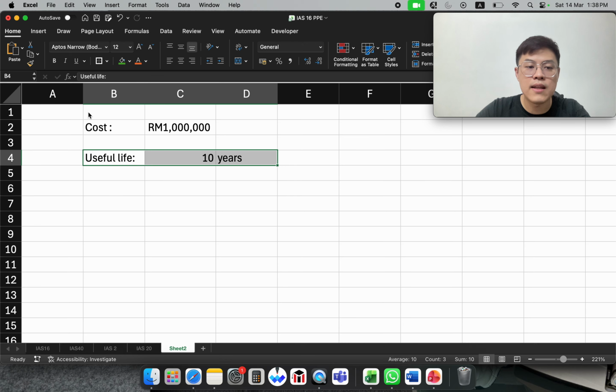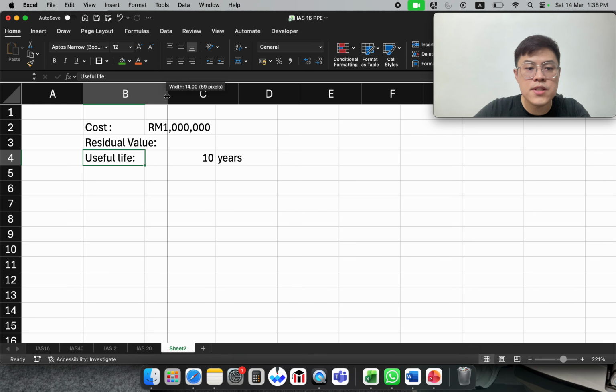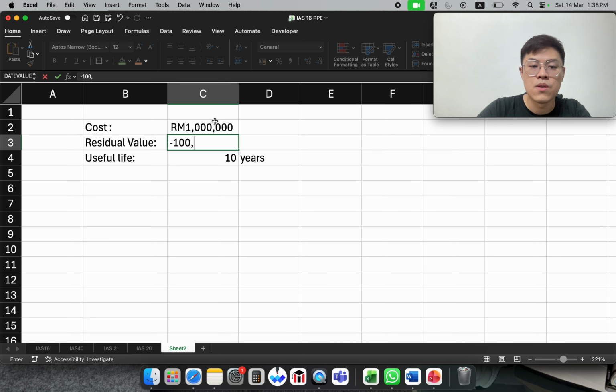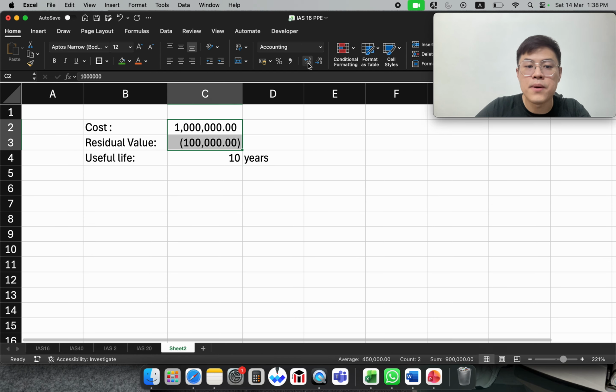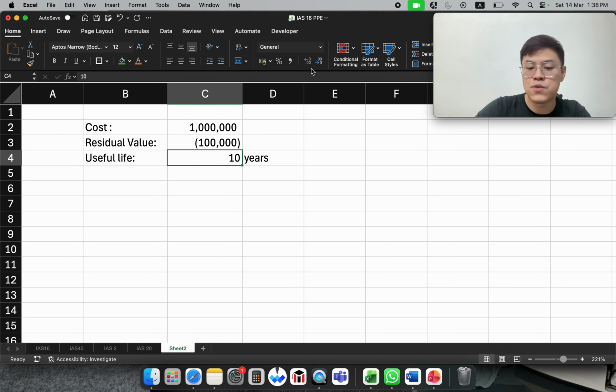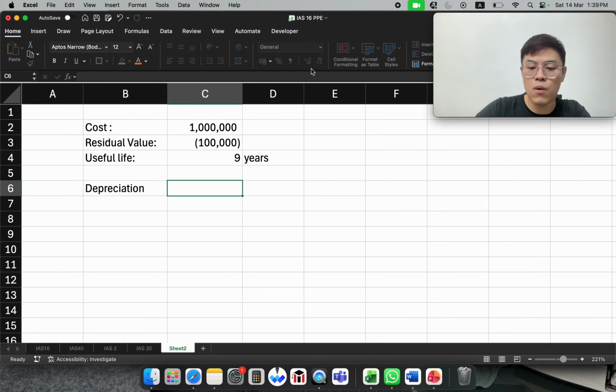Let me give you another example whereby I incorporate residual value. If my residual value is 100k, to make the calculation simple, I change my useful life to 9 years, and our depreciation will be 1 million minus the residual value, divided by 9 years.